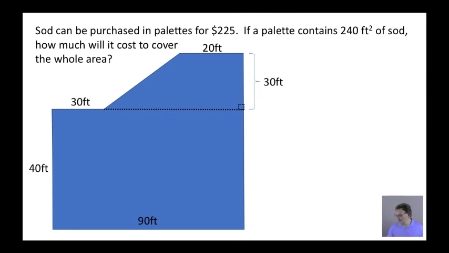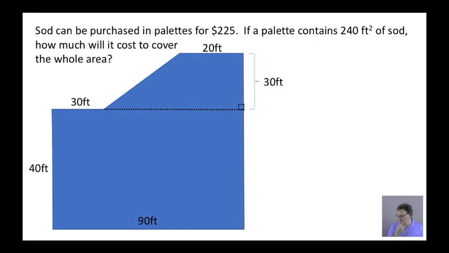I'm showing you a large lawn here, which is 90 feet in width in this direction, and it seems to have two sections to it, one that can be described as rectangular, where the distance in this direction is 40 feet, and then another which perhaps can be described as trapezoidal, in which we have two sides, one being 20 feet and another side being, how would we calculate the length of that dotted line there?